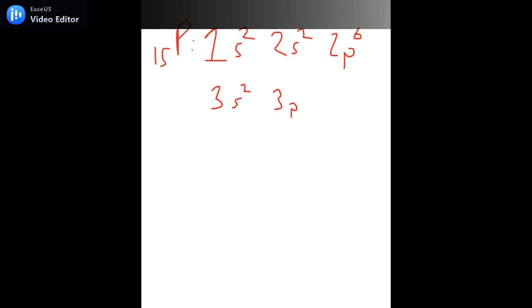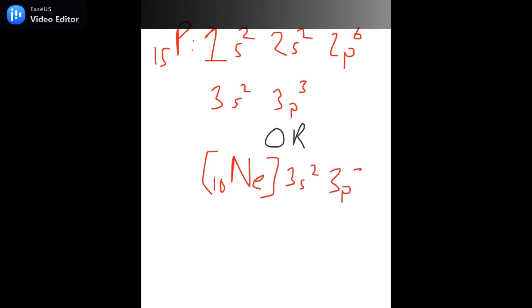So 15 minus 12, 3 remain. So 3p will have 3 electrons. Now, if we had to write this in the shorthand method, we could use neon because phosphorus has more than 10 electrons. We'll replace the first 3 subshells with neon, and then 3s2 and 3p3.